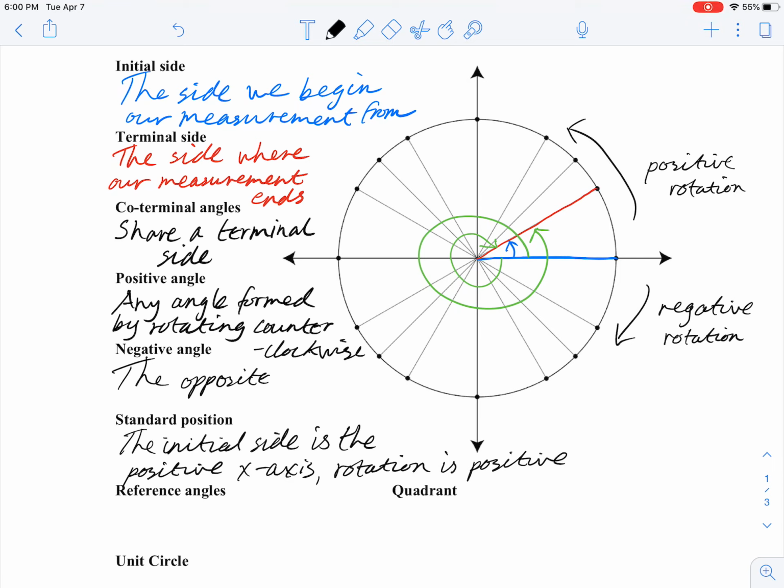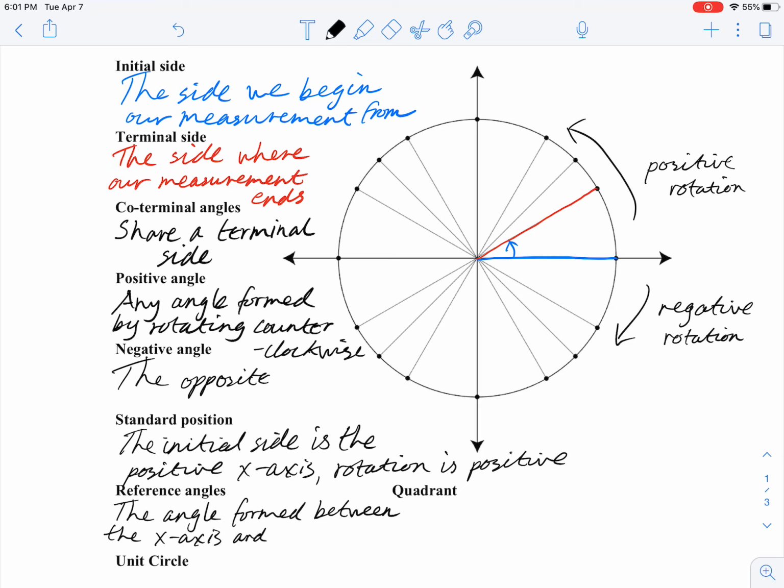Reference angles. Reference angles are the angles formed between the x-axis and the terminal side.